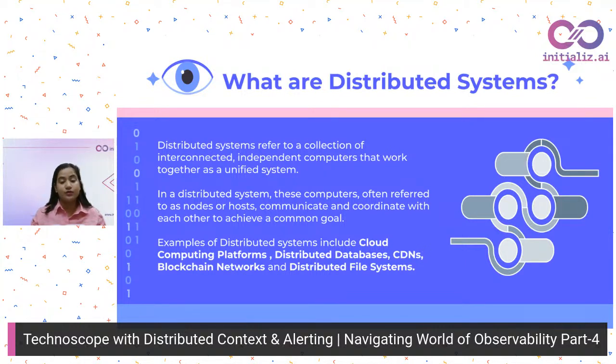Also, you can talk about blockchain networks or distributed file systems, such as Hadoop and Google File System, which also distribute data across multiple nodes for efficient storage. So these also are part of distributed systems.